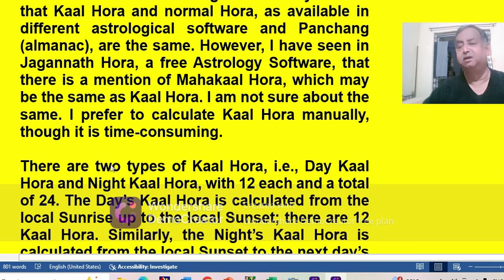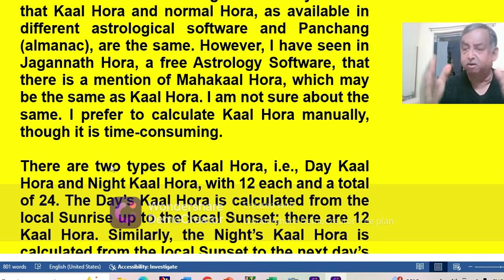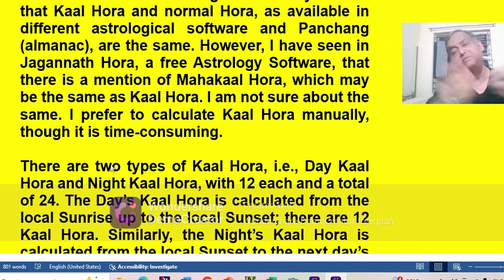A Kaal Hora is of smaller duration than your Lagna. Lagna remains in a sign for 2 hours. Kaal Hora in winter changes in 50 minutes, before 1 hour, and during summer, the day Kaal Hora also changes before 1 hour.